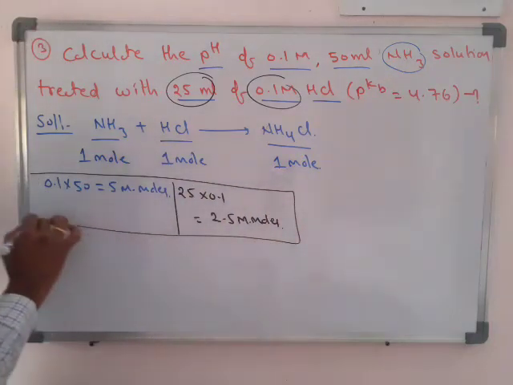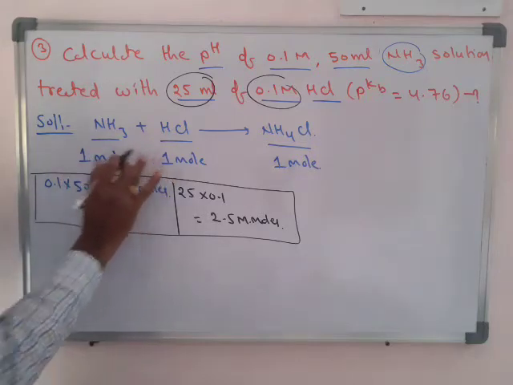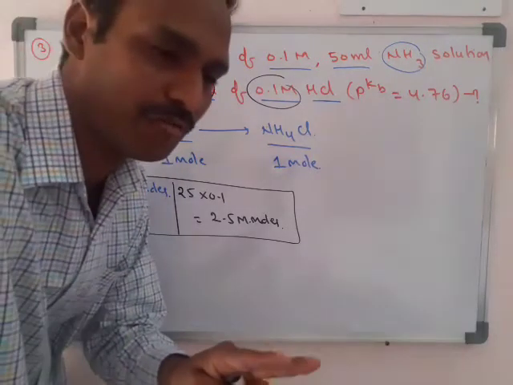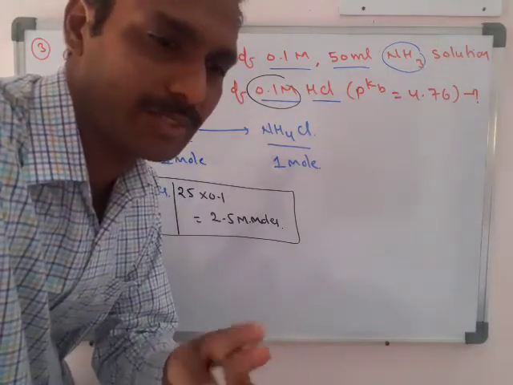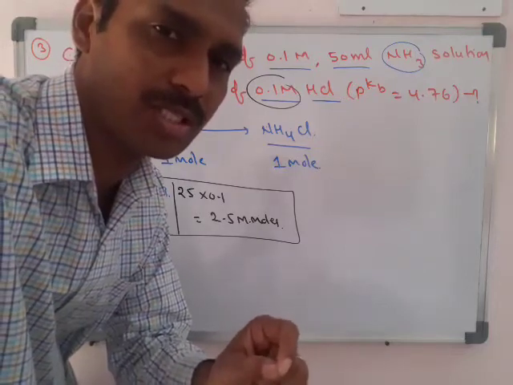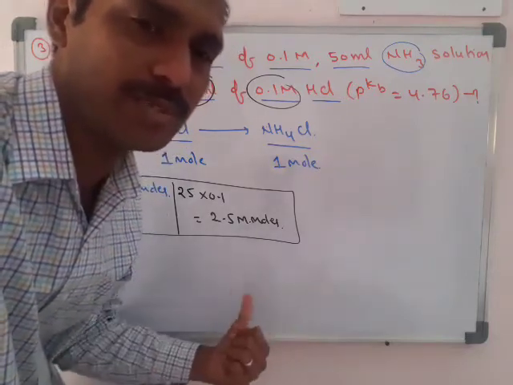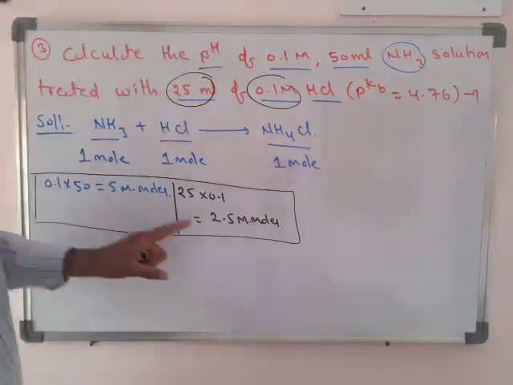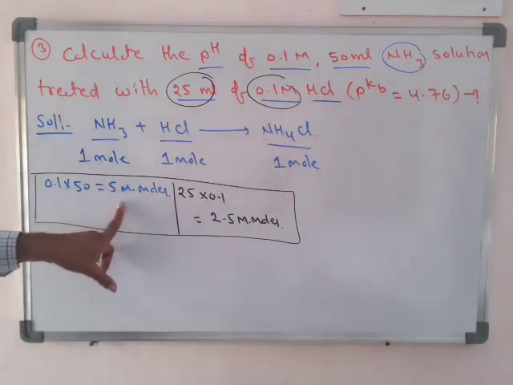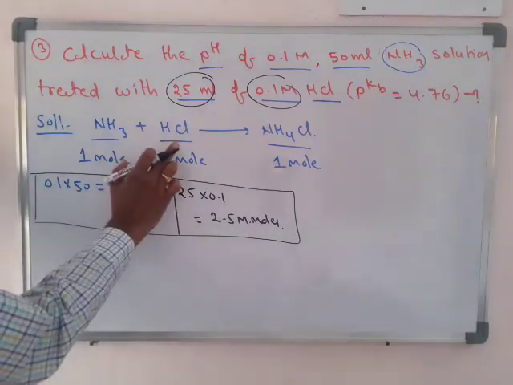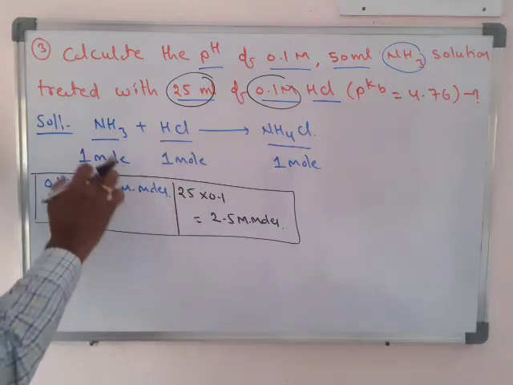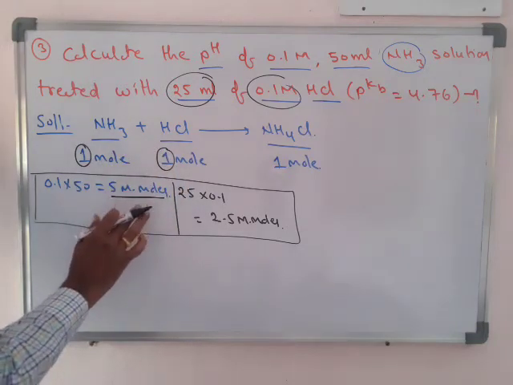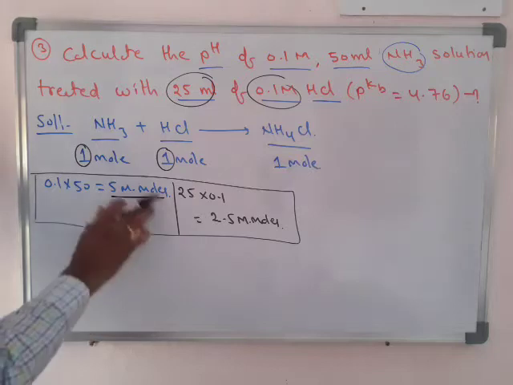Means 2.5 millimoles of HCl is given. So compare these two. Actually they are in 1:1 ratio. This is 5 millimoles, this is 2.5 millimoles. So here the information of two reactants is given, so we have to follow the concept of limiting reagent. What is the limiting reagent, which is consumed totally in the reaction? For 5 millimoles of ammonia it requires 5 millimoles of HCl because they are in 1:1 ratio, but it is not given.